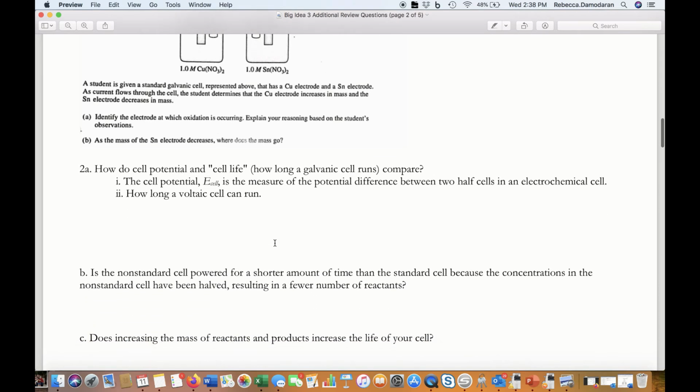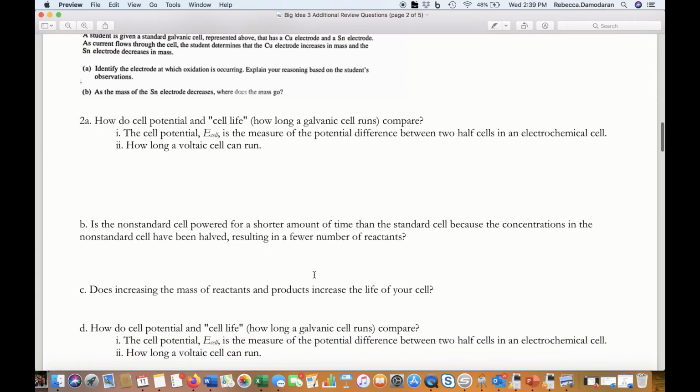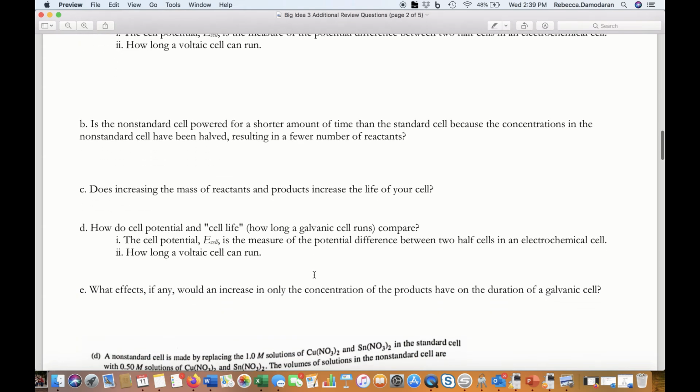Instead here, by halving both the reactants and the products, I'm not causing any sort of shift. I'm just reducing how many ions are available to react and to accept electrons, and therefore I'm reducing the amount of time that this cell can actually run.